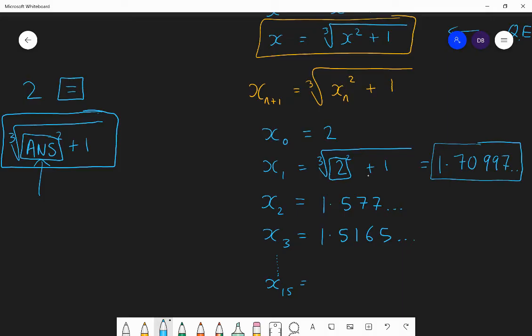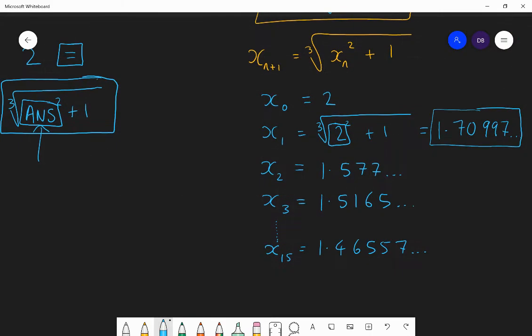And my 15th value of x is 1.4657... And if I press one more time, the 16th value is 1.46557... So it looks like this sequence is converging towards a specific number.